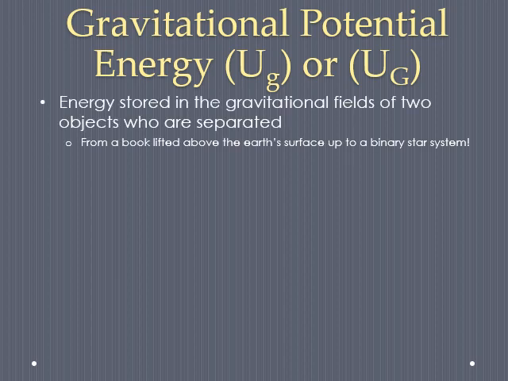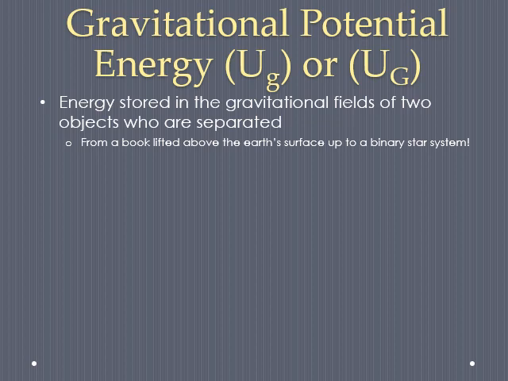Gravitational potential energy is the energy stored up in the gravitational force field between two objects that are pulled apart, or I guess brought closer to each other. Because two objects with mass are attracted, by forcefully separating them, you are storing energy in that force field, kind of like pulling a spring apart would store up energy in the spring.